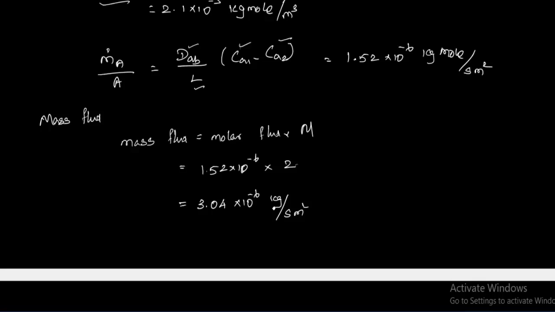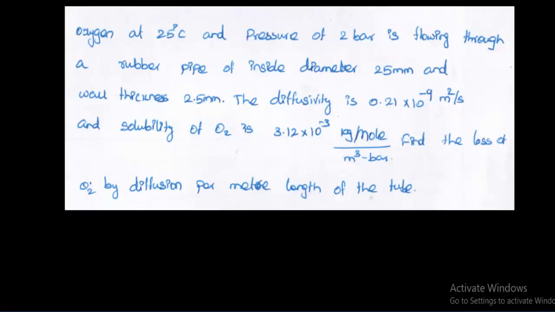Now in the next problem, it is given that oxygen at 25 degrees Celsius and pressure of 2 bar is flowing through a rubber pipe of inside diameter 25 mm. In the given data, just write temperature T equal to 25 degrees Celsius, that is 298 Kelvin, and pressure P equal to 2 bar.